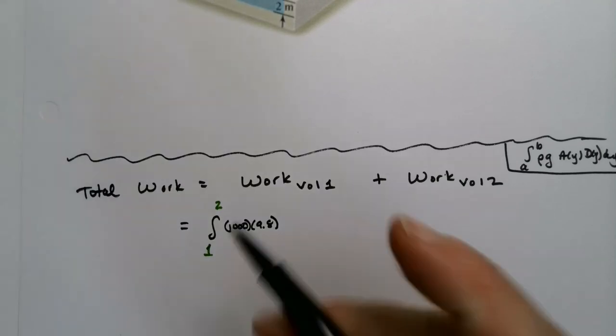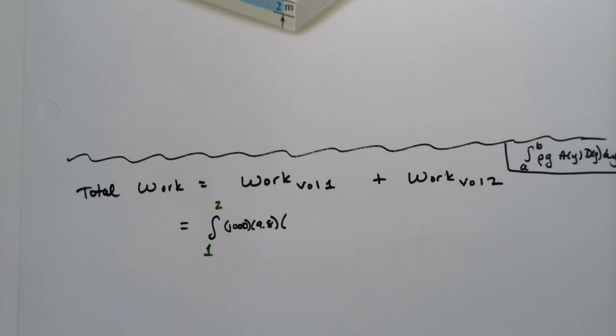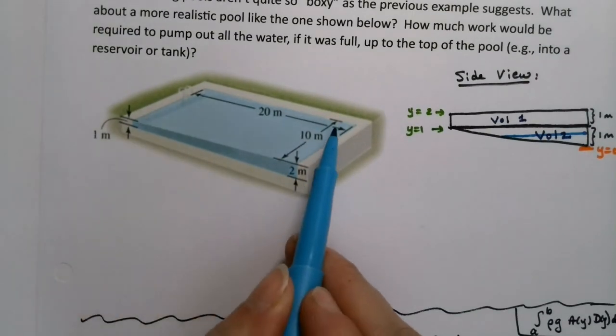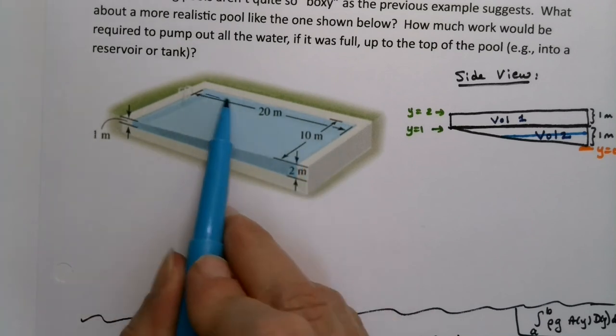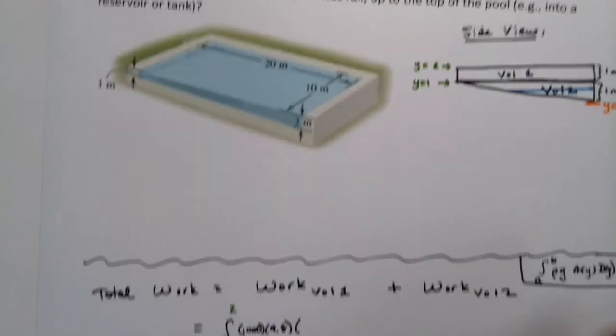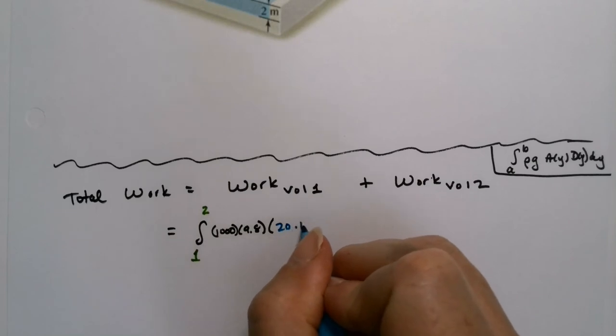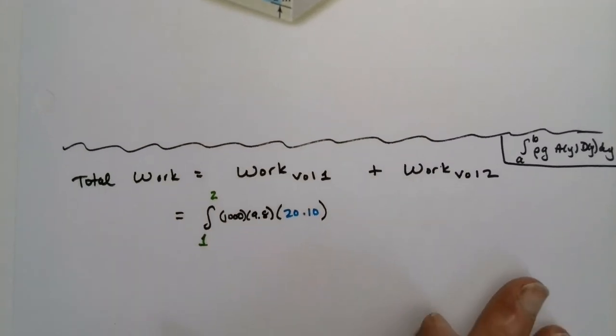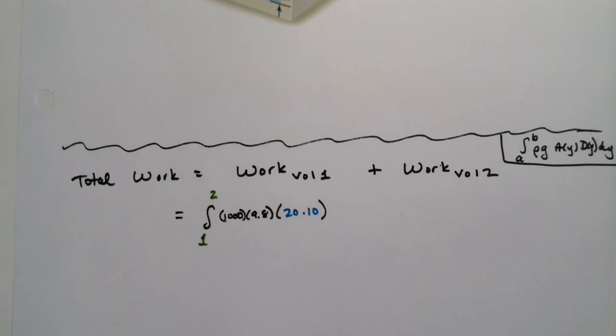So A of y is pretty straightforward. A of y is just 20 times 10 because it's a rectangular prism, like a big box, like the last problem was. It never changes, so 20 times 10. And then d of y, we already said, was 2 minus y.